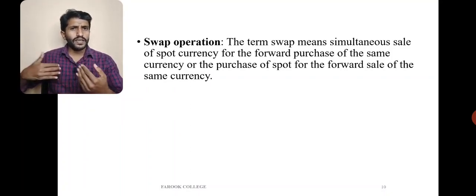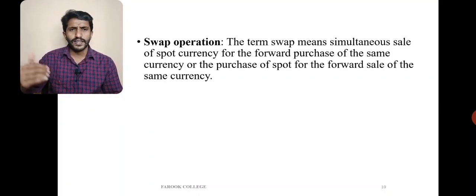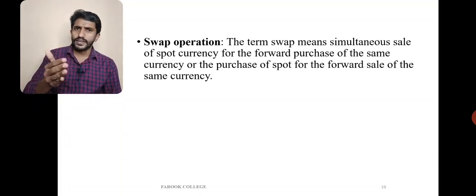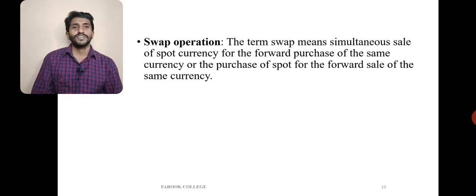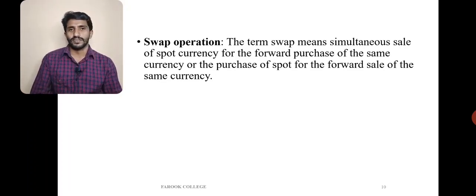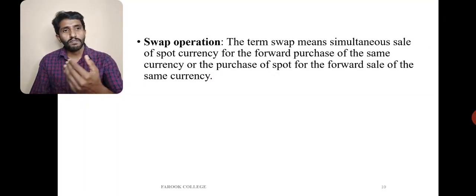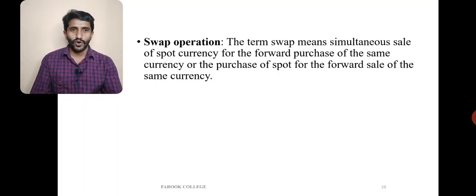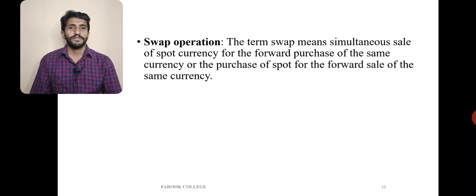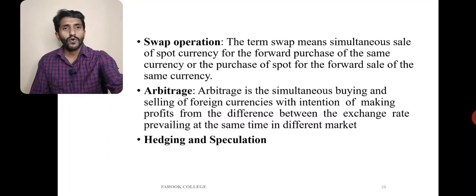I can buy $100 now and I can agree with that person that after 90 days I will give you back this $100 at this rate. So this is a swap operation: simultaneous sale of spot currency and forward purchase of the same currency, or a reverse of that.